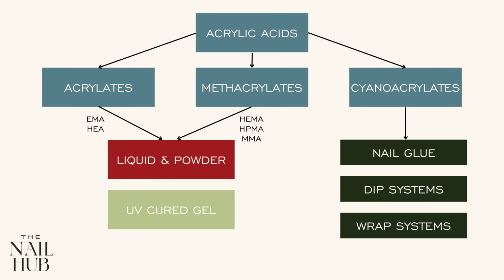If you're savvy on the acrylic nail industry, you'll know that MMA has since been phased out and regulated because it's a really, really strong concrete-like adhesive. It can cause a lot of damage to the nail, whereas we've swapped that out for EMA. For gels, you'll see things like HEMA, hydroxyethyl methacrylate, or HPMA, or even HEA, and you'll see those if you start looking at the labels on your polygels or gel nail products, or sometimes even depending on what type of hybrid product in between you might be working with.